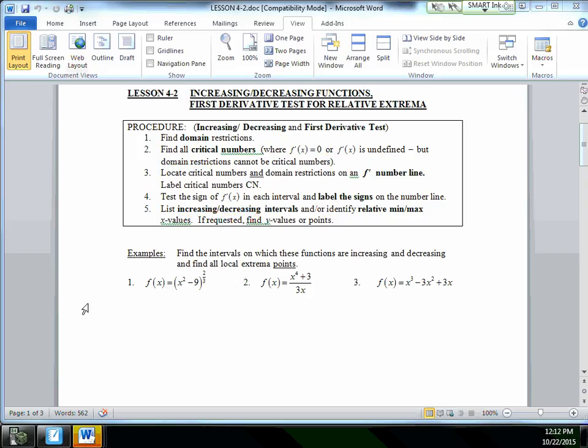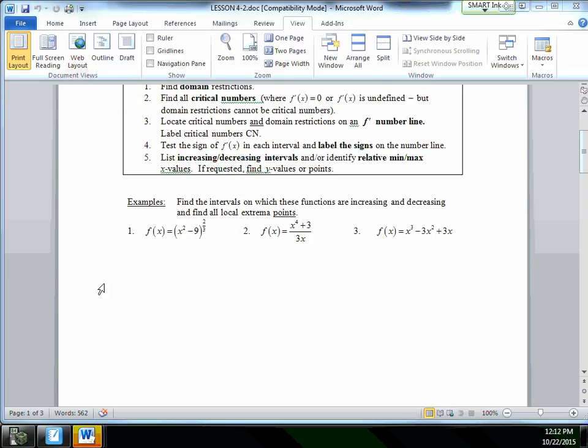And like we said, to locate critical numbers, we need to take the derivative and set it equal to 0. So I already know you guys know how to find the derivative of these functions. So because of time, I'm just going to write the derivative down in its cleaner version.